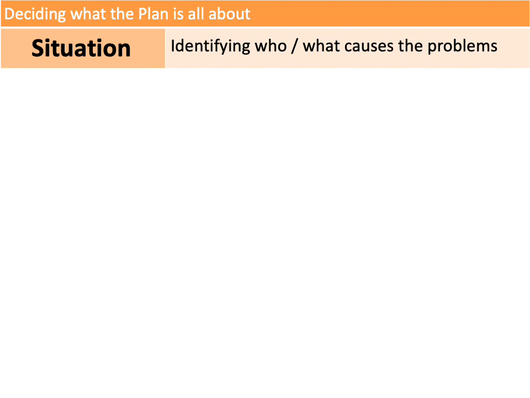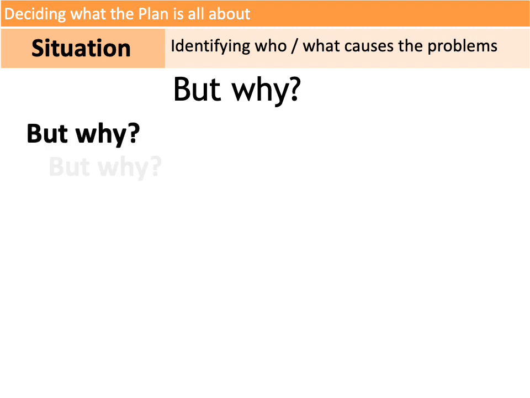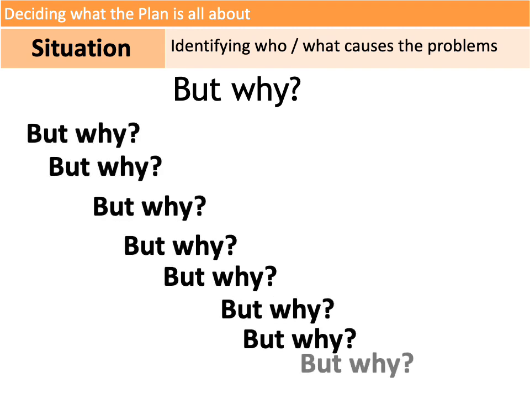So the other way we look at this is we ask, but why? There's a lot of whys in this step. You're really trying to get to the bottom of who and what are causing the problems.